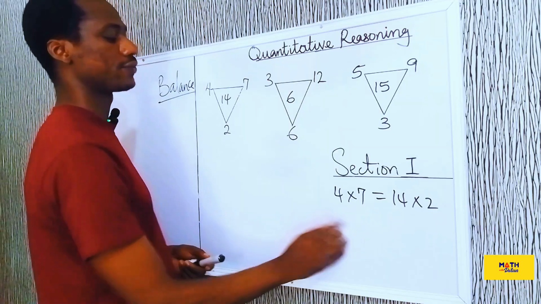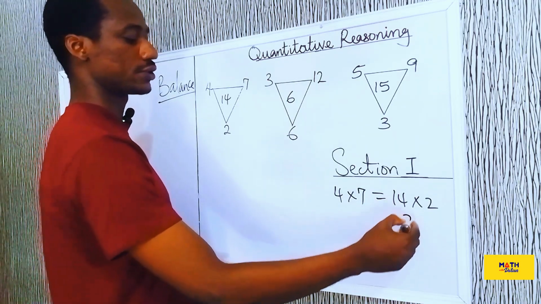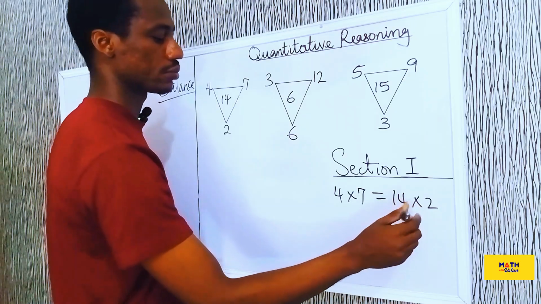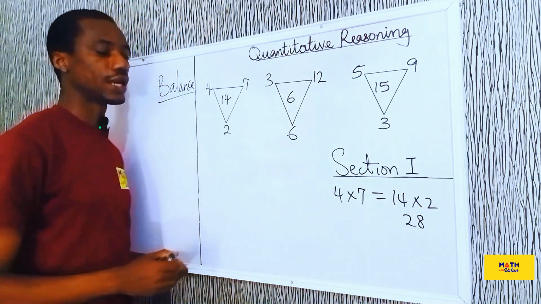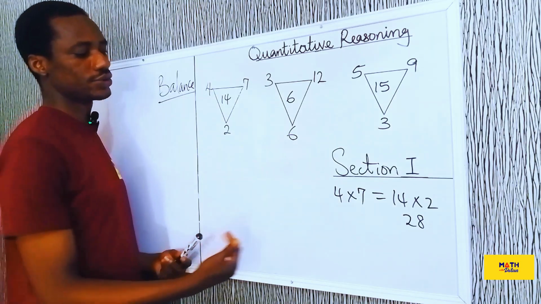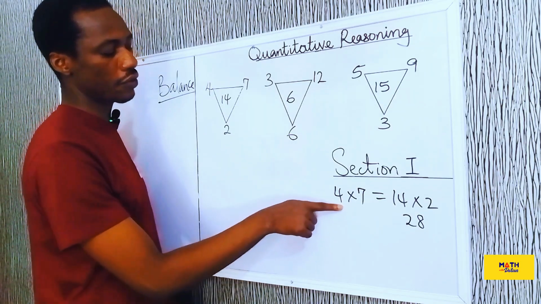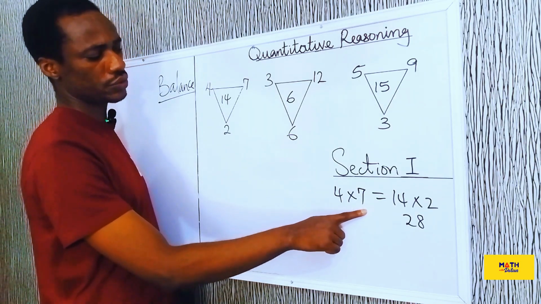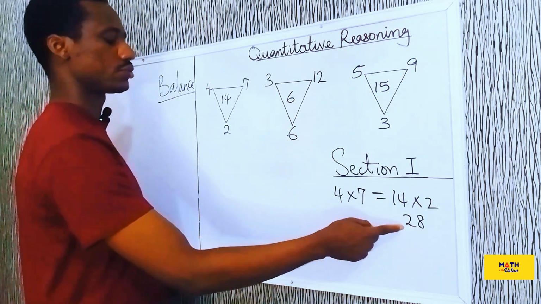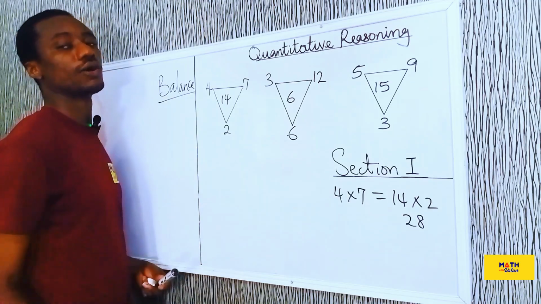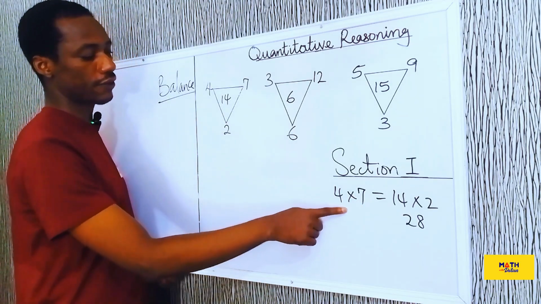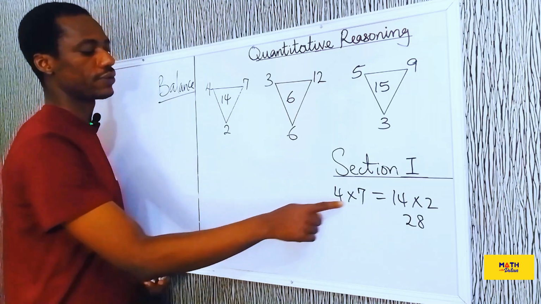So let's say we have this complete part, 14 times 2, that will be 28. Then you're looking for 4, and you have 7. So what do I multiply by 7 to get 28? Easily do 28 divided by 7, and I'll have 4. So I'm looking for 7, I have 4. I'll do 28 divided by 4, I have 7.